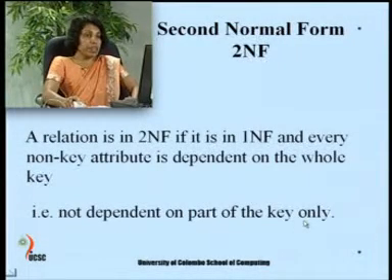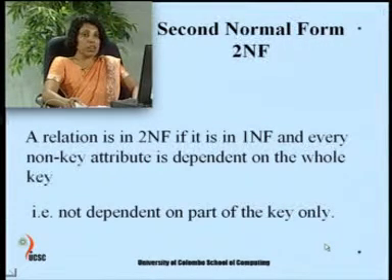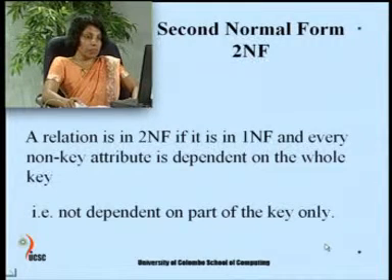So, the second normal form depends on the concept called full functional dependency. A relation is in second normal form if it is in first normal form, and every non-key attribute is dependent on the whole key.